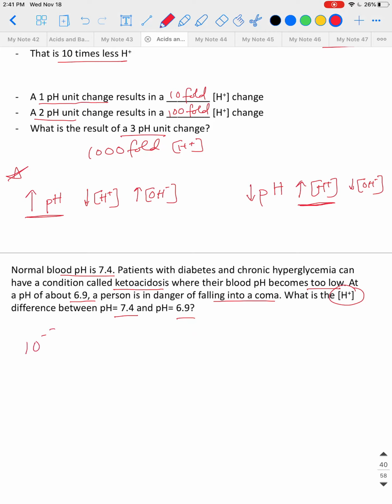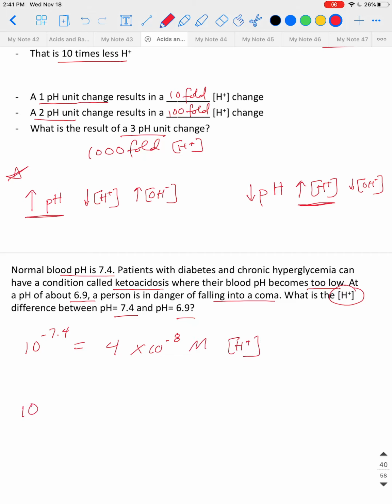So we'll do 10 raised to the negative 7.4 equals, oh goodness, this doesn't give it to me in scientific notation. Let me count the zeros. 1, 2, 3, 4, 5, 6, 7, 8. So 4 times 10 to the minus 8 molar H+.